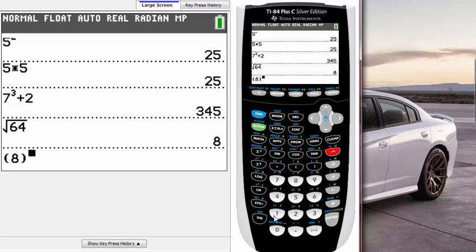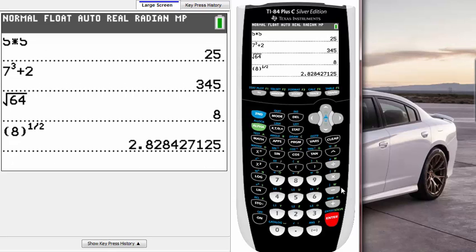So anyway, just hit the power button here, and square root is the same thing as saying 1/2 power. So what we can do is just type in 1 divided by 2, saying 1/2 power. If we do that, we're going to get the square root of 8, which will be a decimal because it would be 2 square root of 2, right?